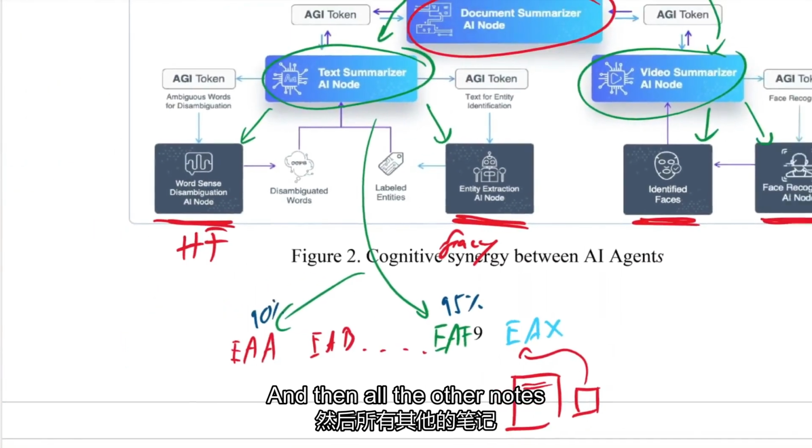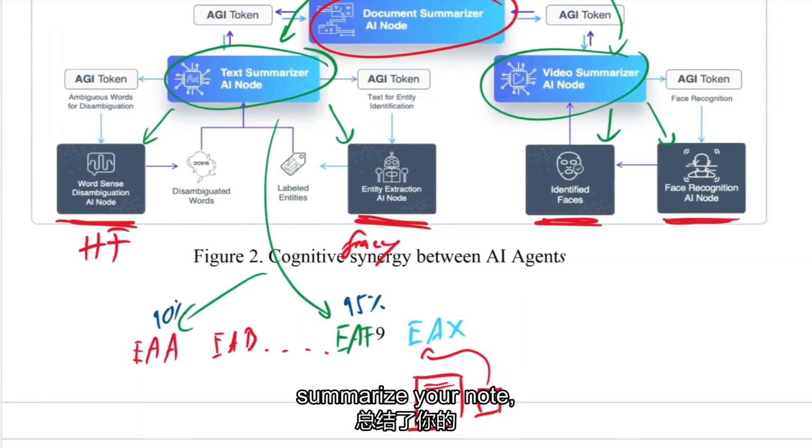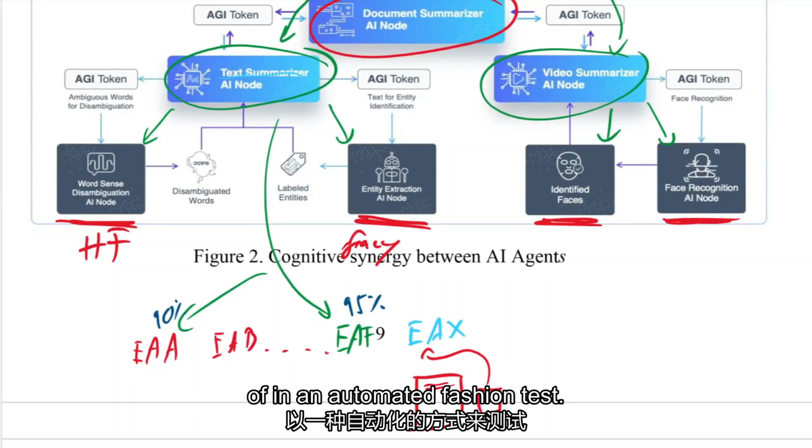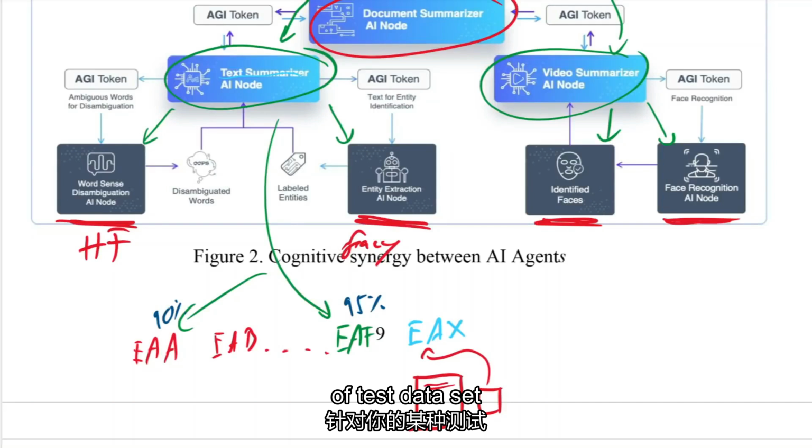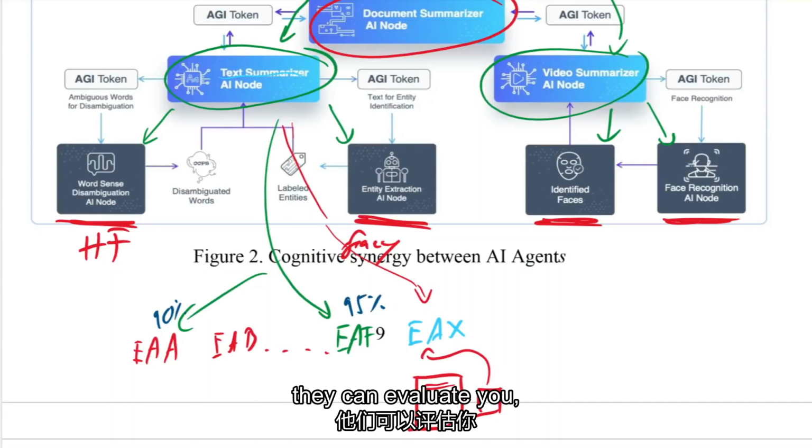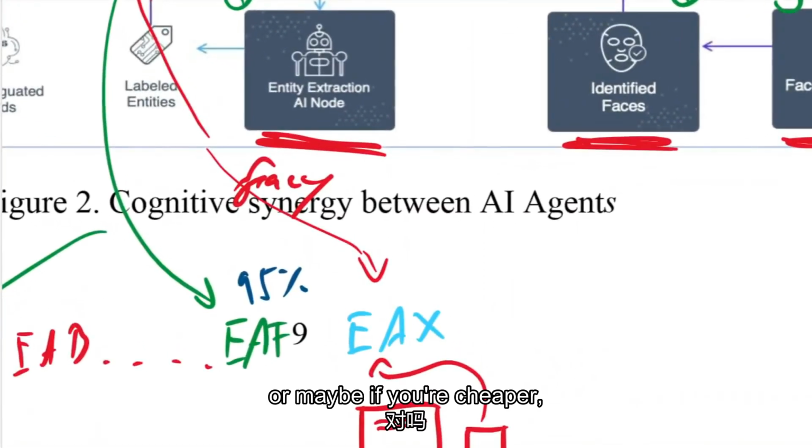Then all the other nodes, like this text summarizer node, but many other nodes, could in an automated fashion test some test data set that they have against you. They evaluate you, and then they will switch to using your code if you are better than the competition for them. Or maybe if you're cheaper.